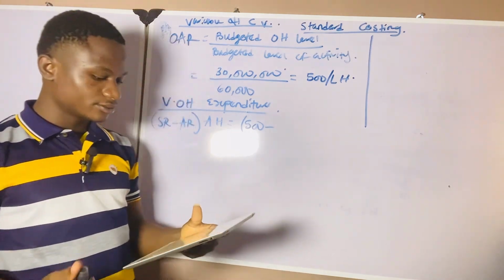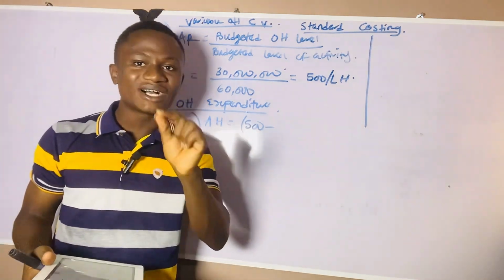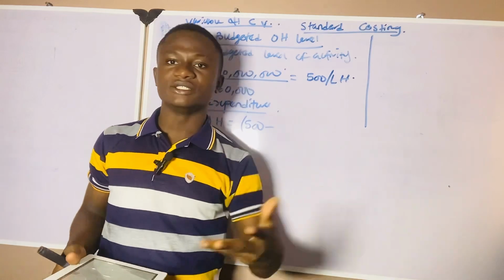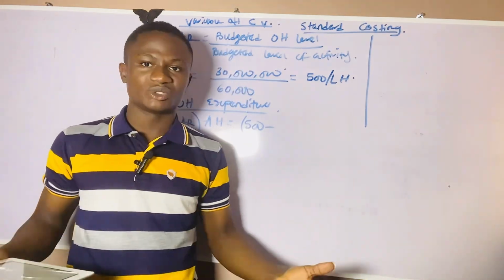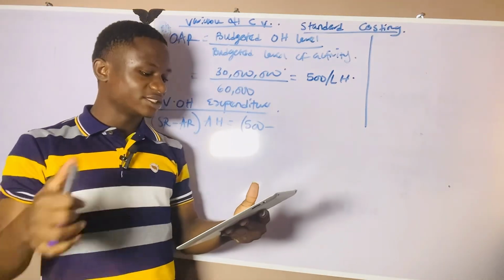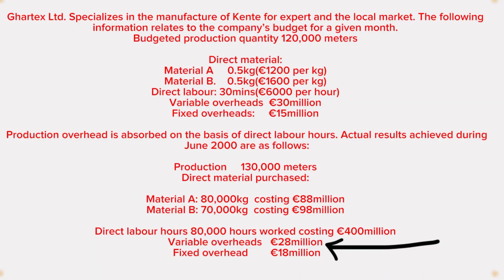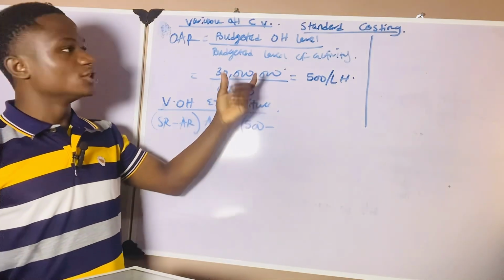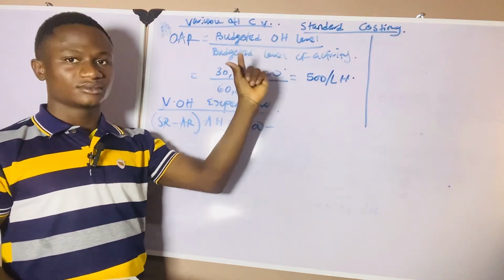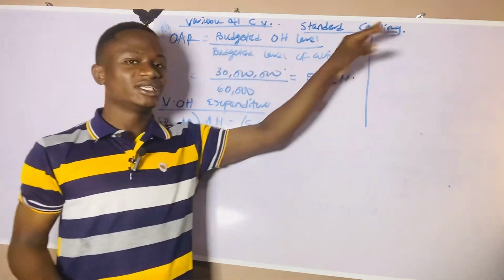If you go back to the actual result, the total variable overhead that we eventually incurred, which is our actual result, you accept with me that in the question they told us the variable overhead, which is the actual, is 28 million naira. So I'll do the same thing using the information given, but in the actual.